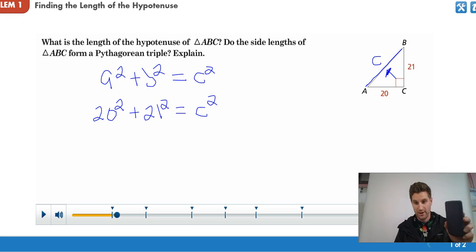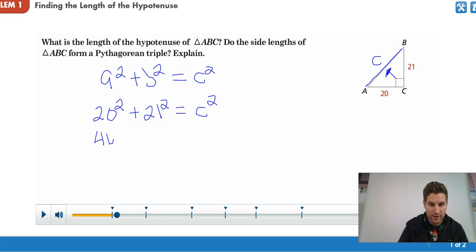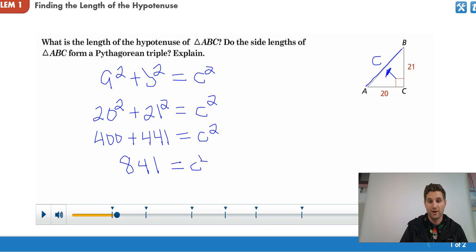Okay, so you need a calculator because these numbers are really big, so we're going to do 20 squared, and that's 400, plus 21 squared, which is 441, equals c squared. Now we're going to add these together, and we get 841 equals c squared, and then we're going to take the square root of it.